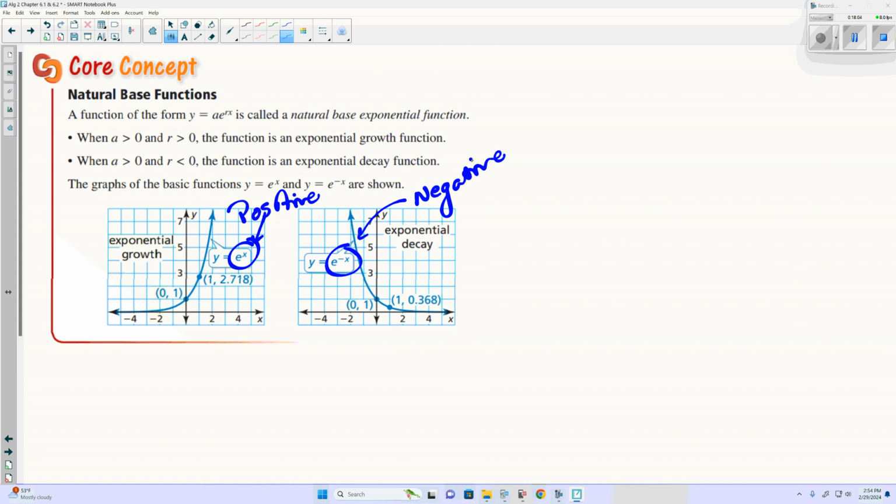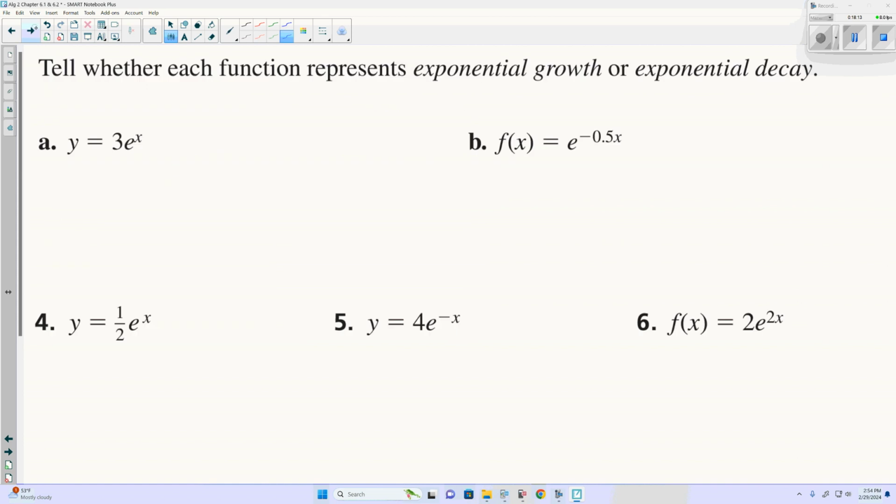Questions on this here? Now, if we look at the first one here, y equals 3e to the x. Would this be growth or decay? Because we're looking at the exponent, is this exponent positive or negative?